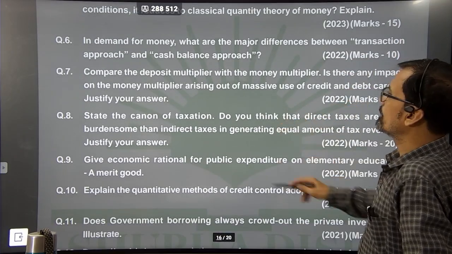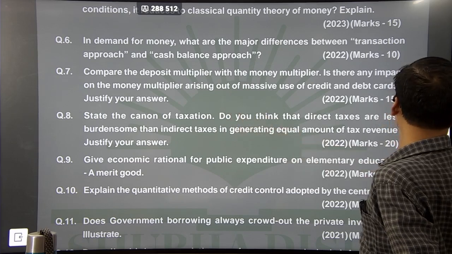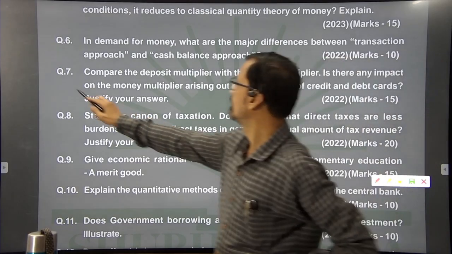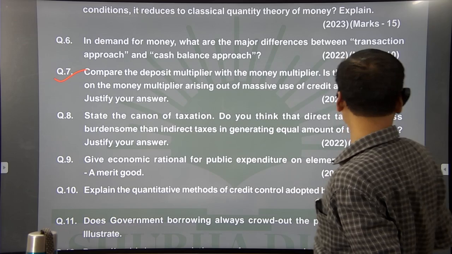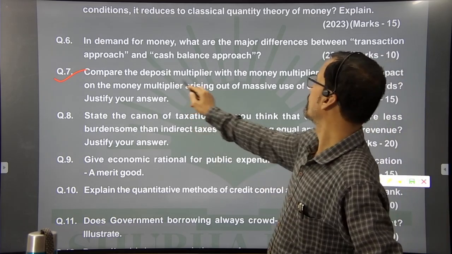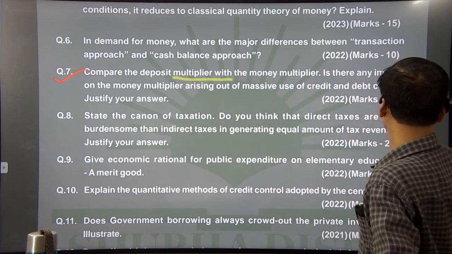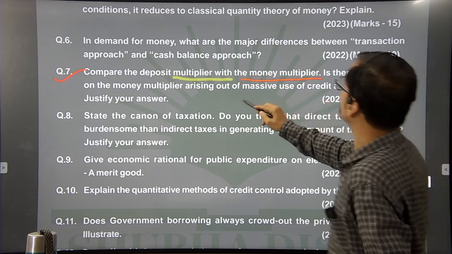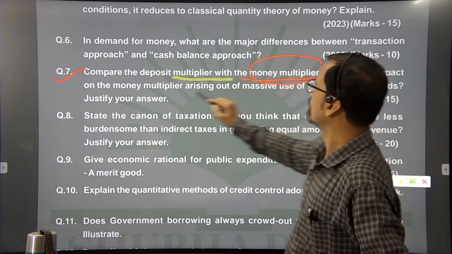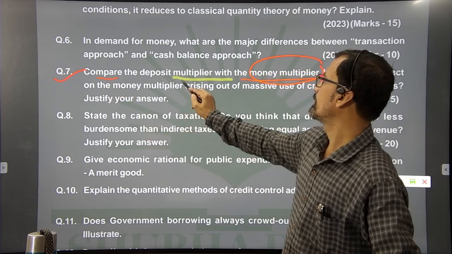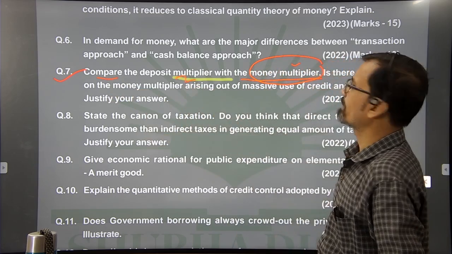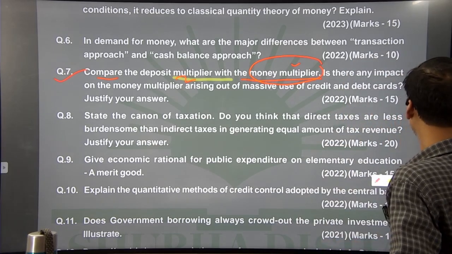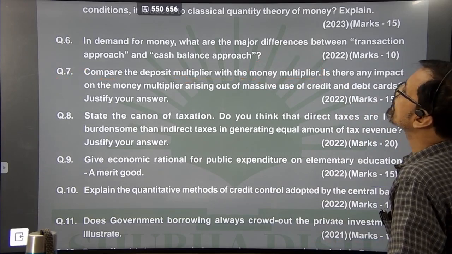You can see here: compare the deposit multiplier with the money multiplier. So we need to compare the deposit multiplier with the money multiplier. You see, such types of questions are basically demanded in our paper.